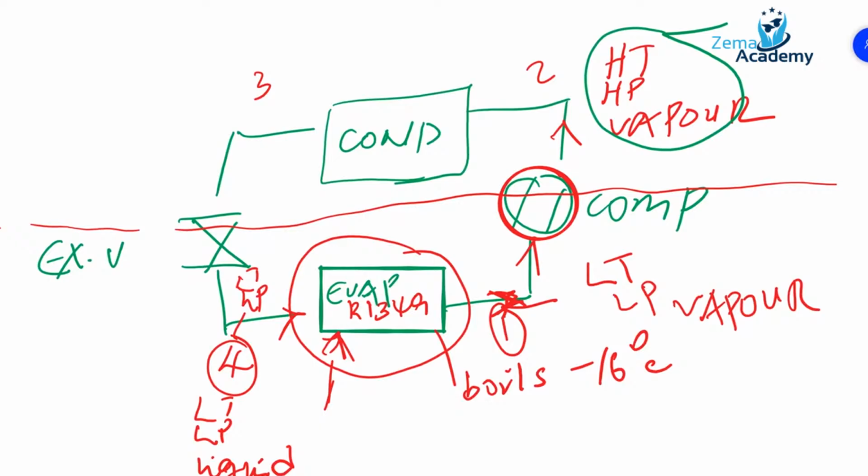So imagine here you have high temperature and high pressure vapor that you can use for different applications, whether for space heating or for hot water, depending on the application. But the only way to extract that heat is to pass it through a condenser, sinking the heat from the high temperature and high pressure vapor.